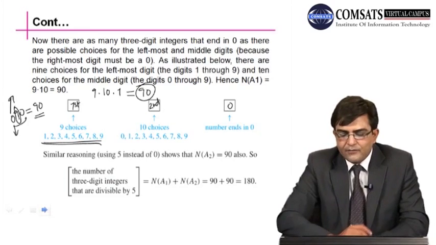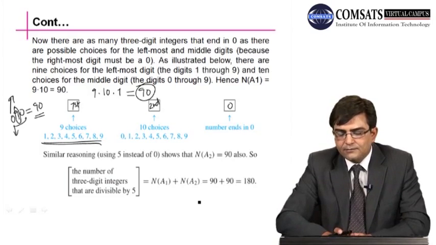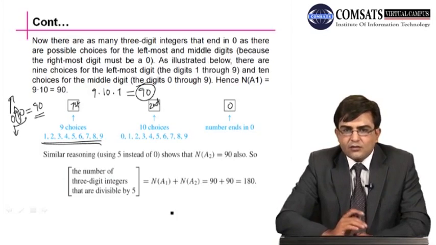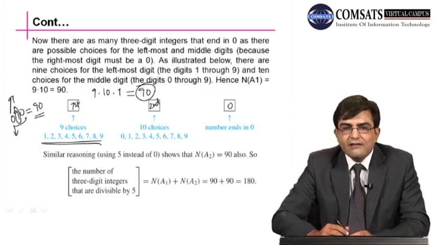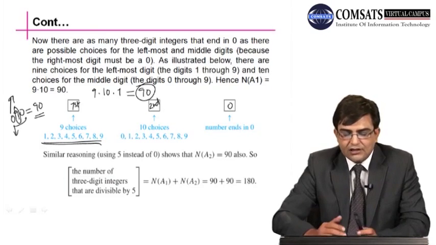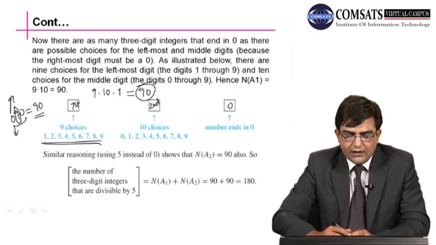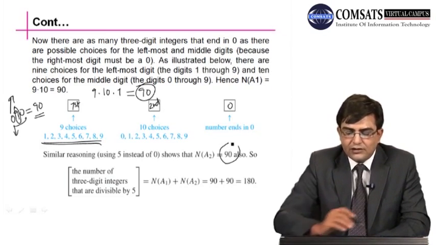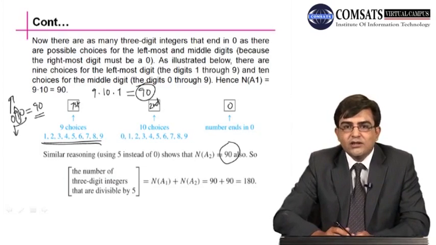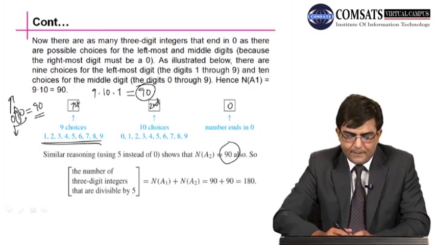So we have 90 integers among 100 to 999 which end with 0. So in the first set A1 we have 90 integers, and using the same reasoning we can calculate that in the set A2 we also have 90 integers which end with 5.